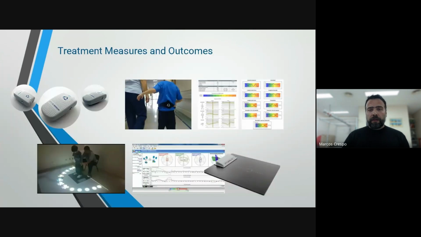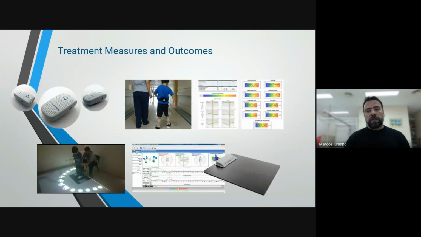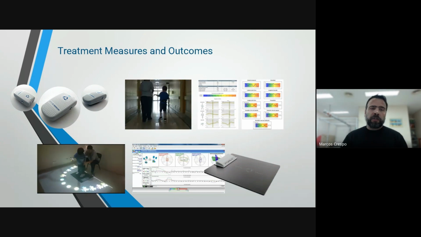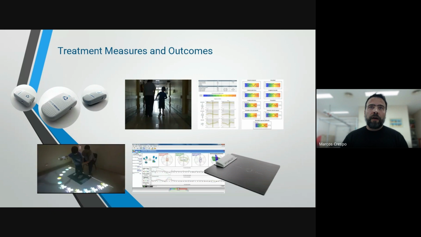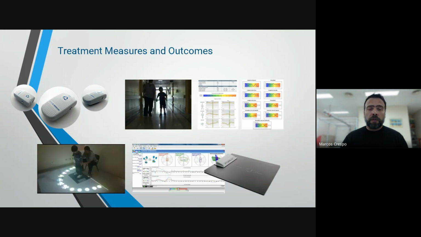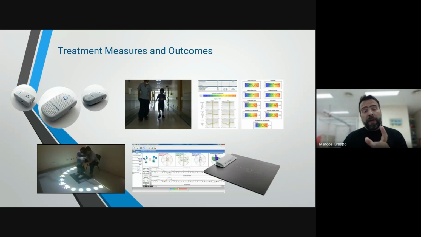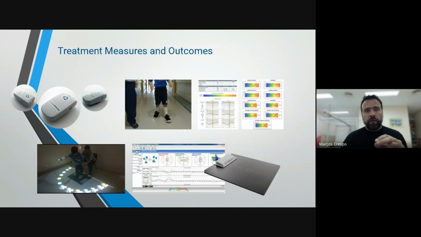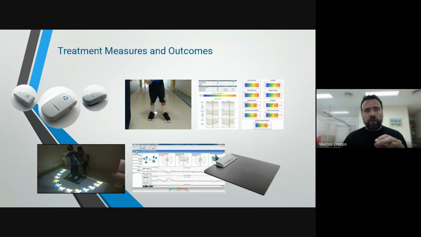Another important thing about this system is the possibility to have some outcomes of our programs, of our activities. Nirvana has some kind of outcomes, but we don't use Nirvana in an isolated way, as I said.